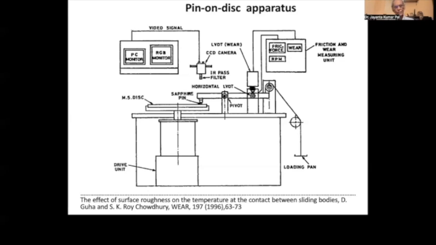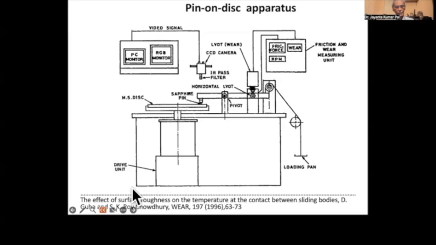And this will give us a comparative value. So since we cannot measure the infrared of ordinary material, we measure under the same condition of load and speed using a sapphire pin, and then convert it to other metal by using a multiplying factor.